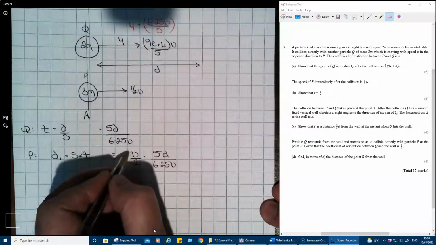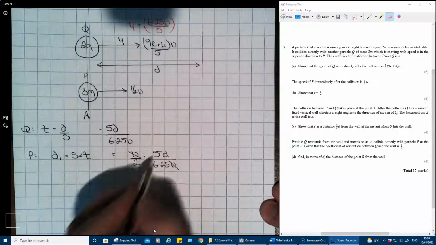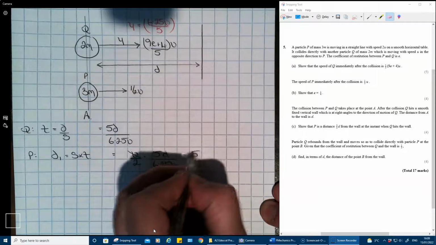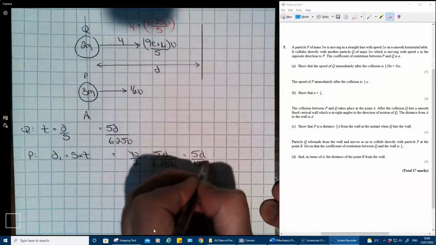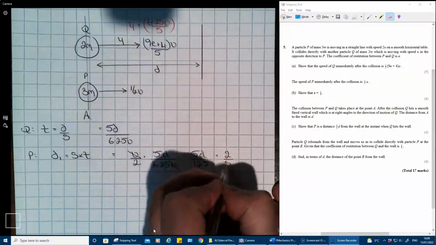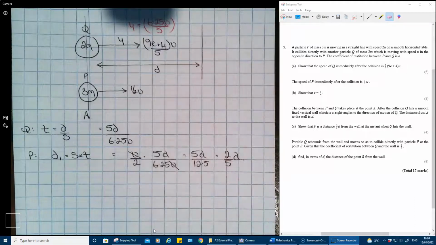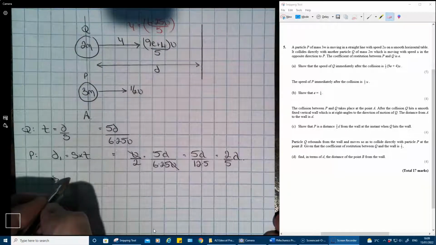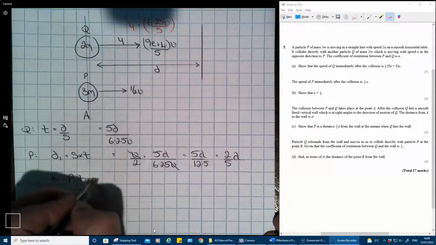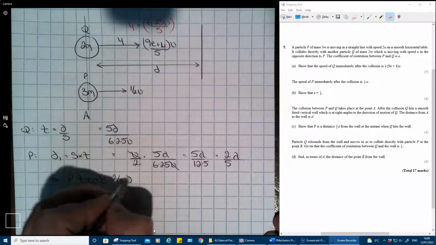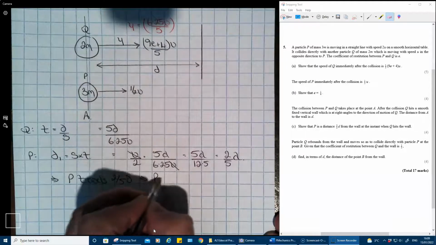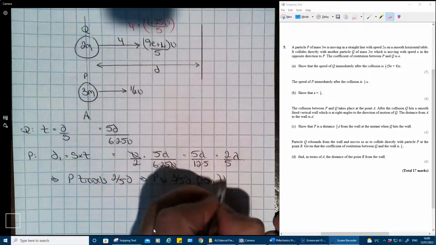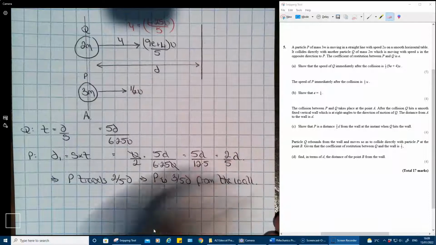Okay, and we get the u's cancelling. 5d over 12.5, which equals 2/5 d. Okay, so therefore don't forget the concluding statement. So p travels 2/5 of d, which implies p is 3/5 d from the wall. Okay, don't forget the concluding statements.